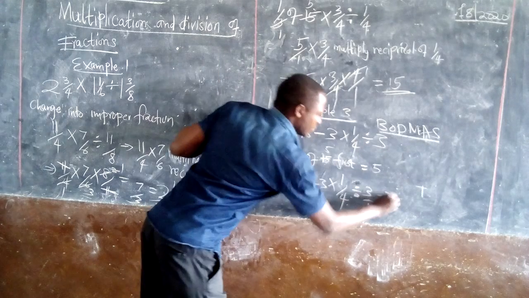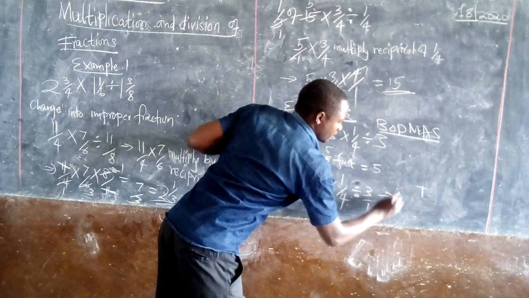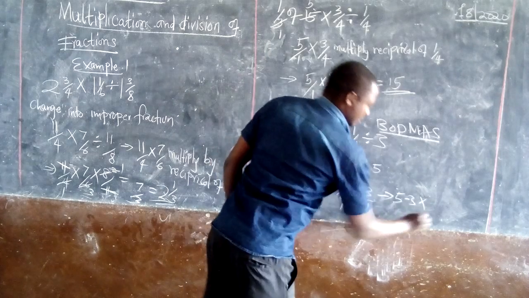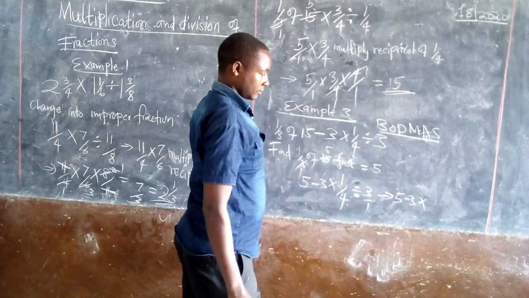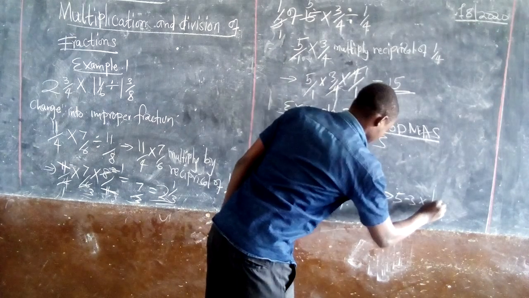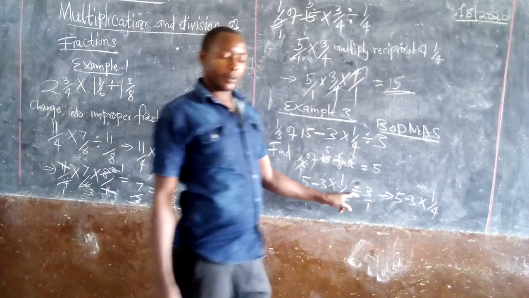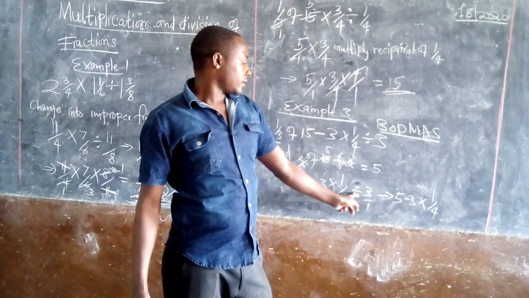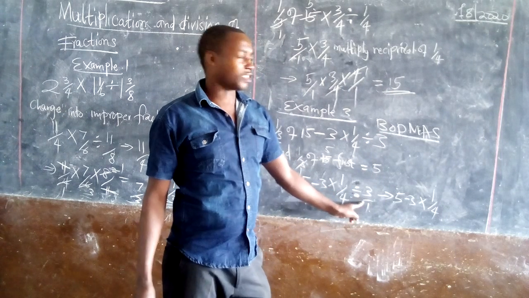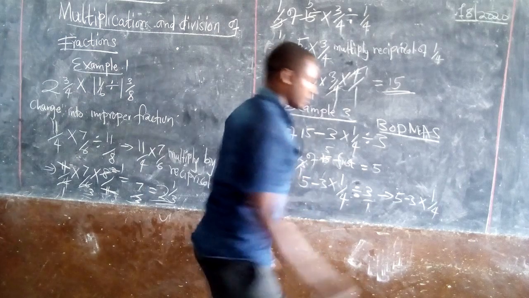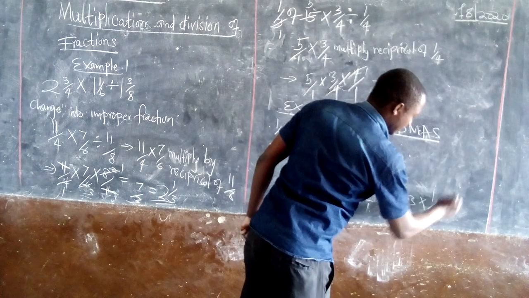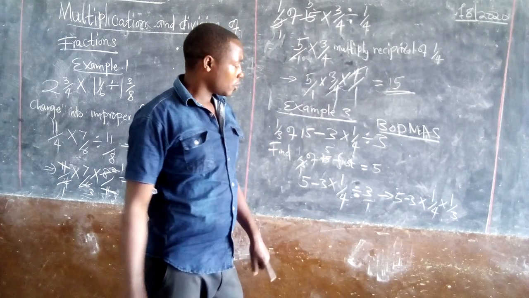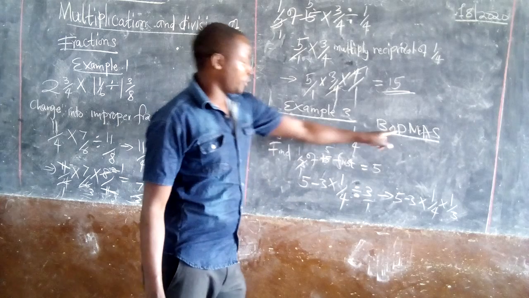So this will be 5 minus 3 times a quarter, multiplied by the reciprocal of 3 over 1, which will be a third. Up to there, we have finished with the division.